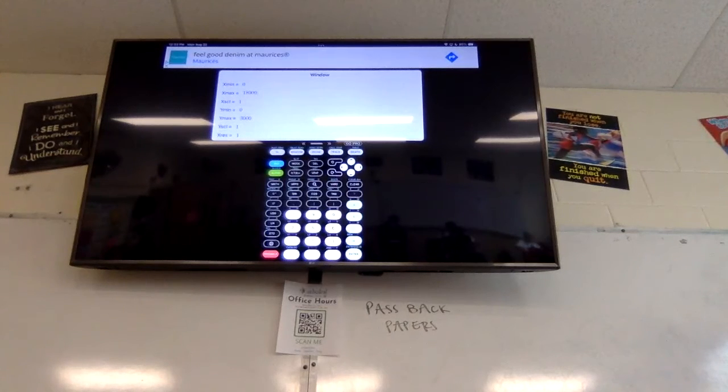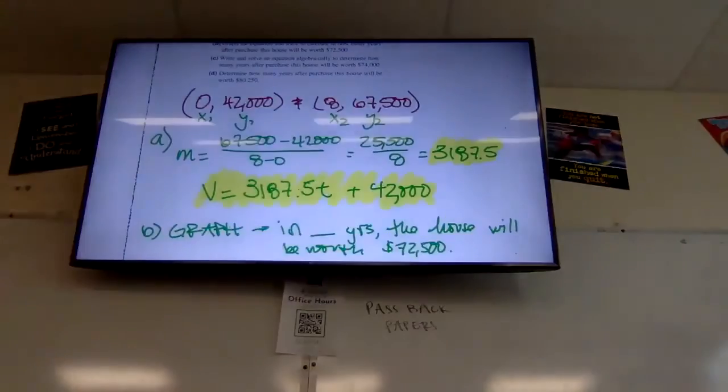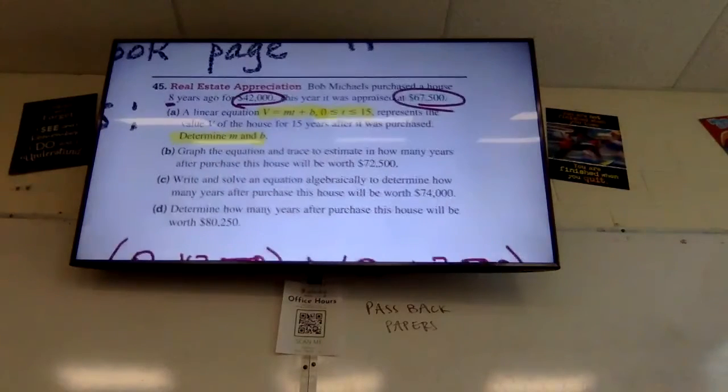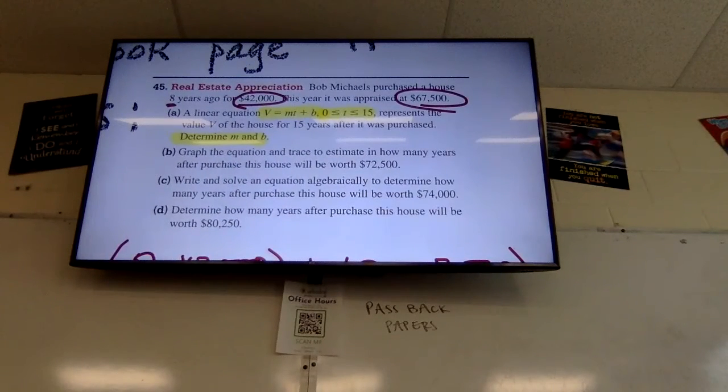My X max: did it tell us how big T could be, how big my years could be? 15. So I don't need to go any bigger than 15. So my T is going to be 15.